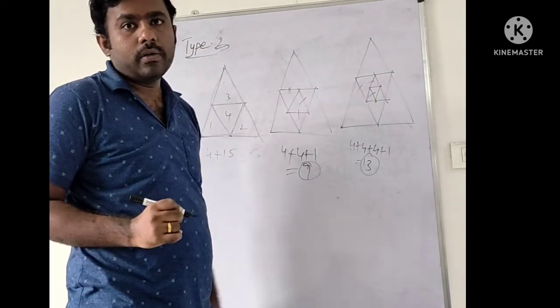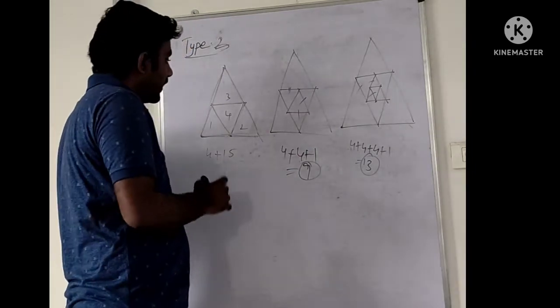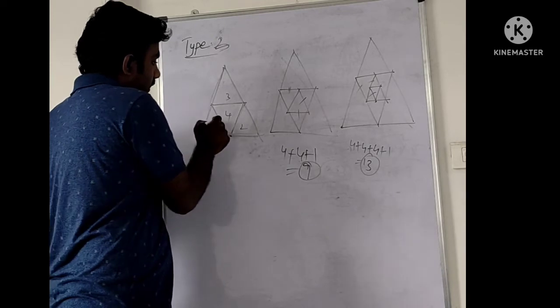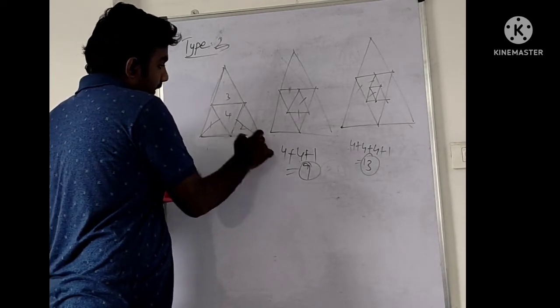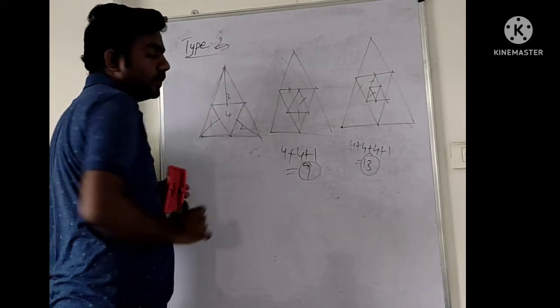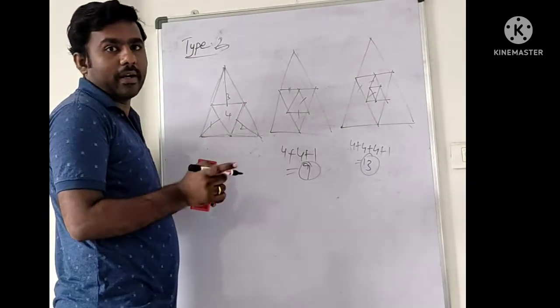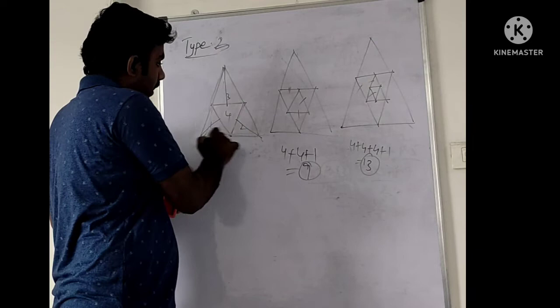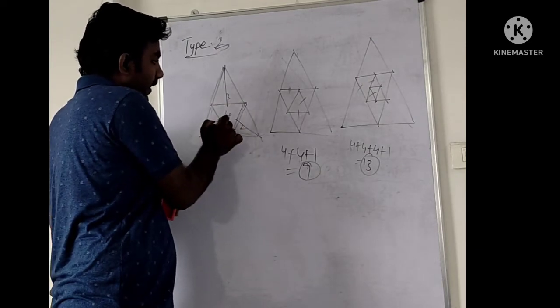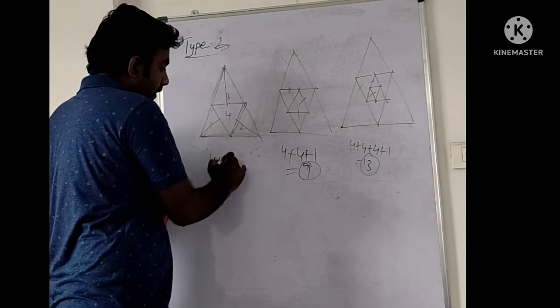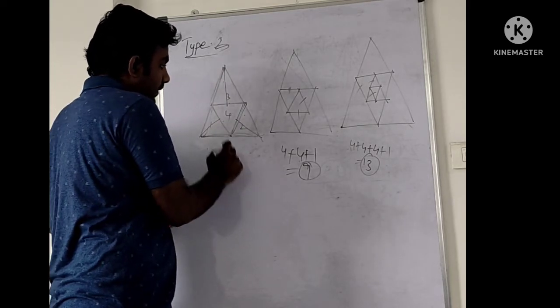Suppose, for example, some slight modification. Here one line is there like this. We have the same trick. Here one outer triangle and one inner triangle. For the inner triangle we have to consider 4, and for the outer triangle we have to add 1.